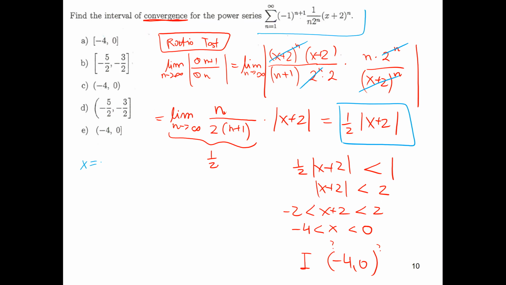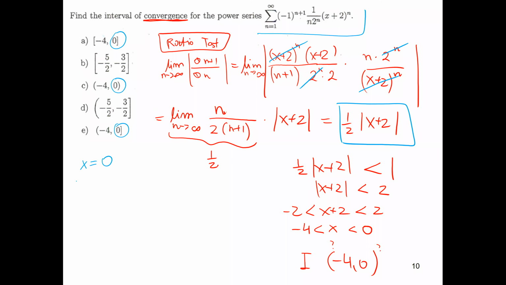Let's substitute 0 first, okay? Because then we can see whether 0 is included or not included, and we will see which one is good.